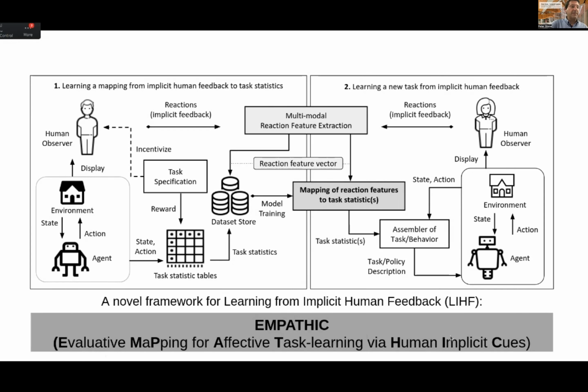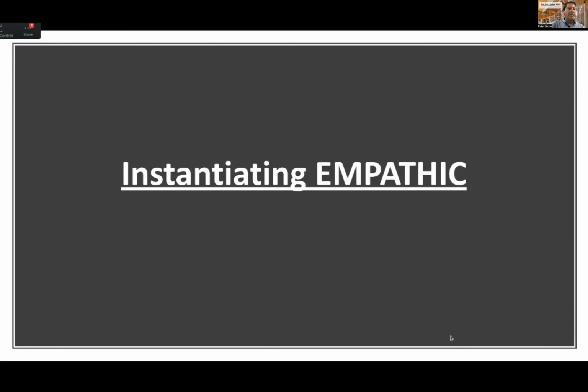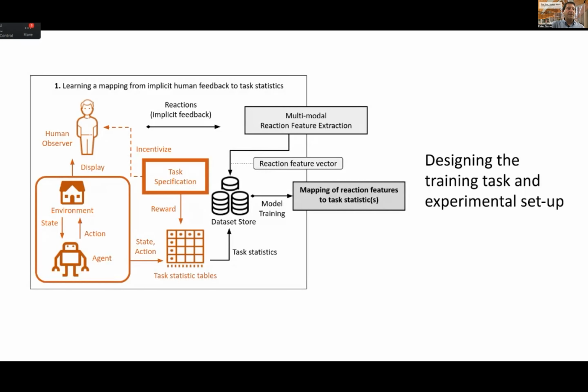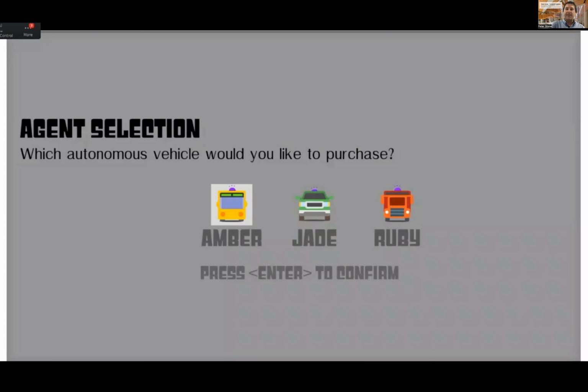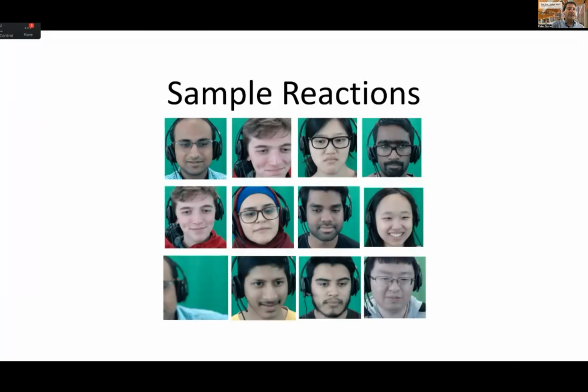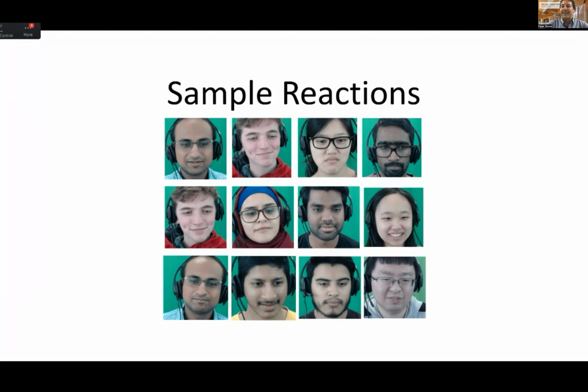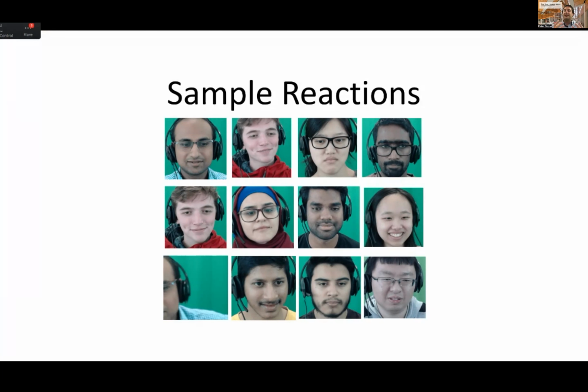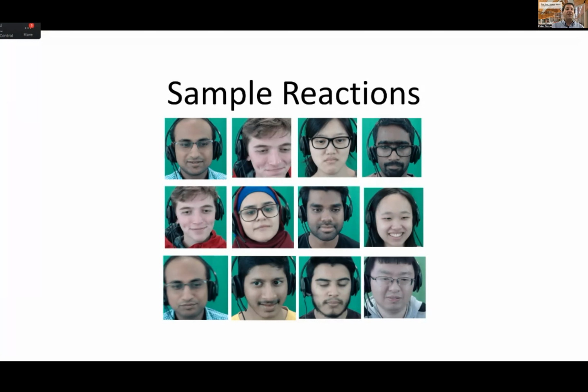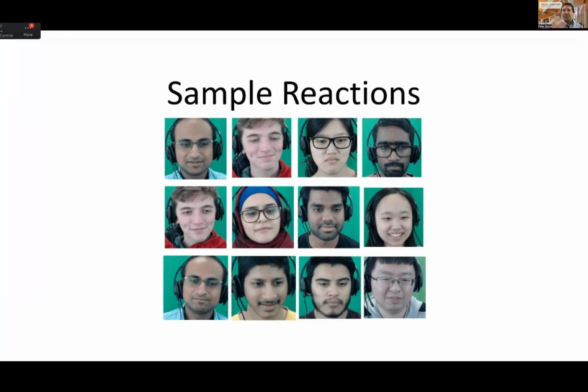Again, in the interest of time, I won't go into all the technical details, but here's a video of what you might be looking at. The first step of this research was we checked to see whether there's signal in watching faces. So we did a human proxy experiment.